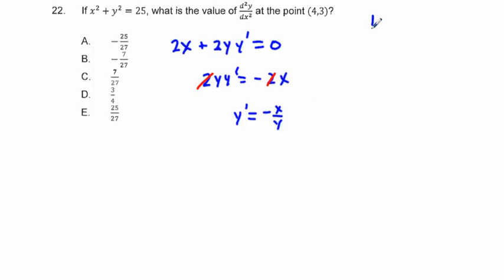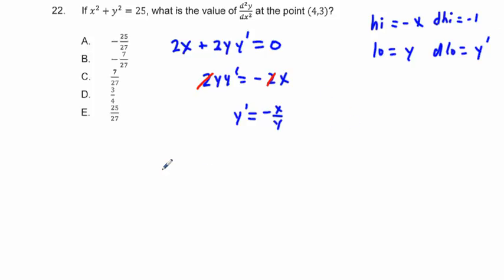So the high is going to be negative x, and the d high equals negative 1. And the low is going to be equal to y, and the d low is equal to dy dx, so I have to put y prime.